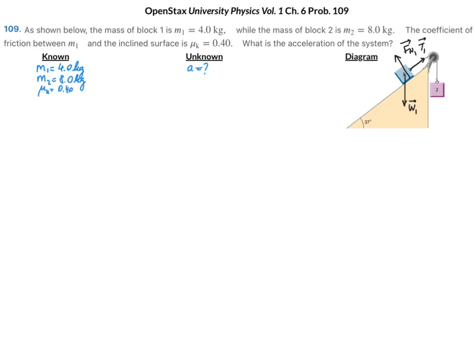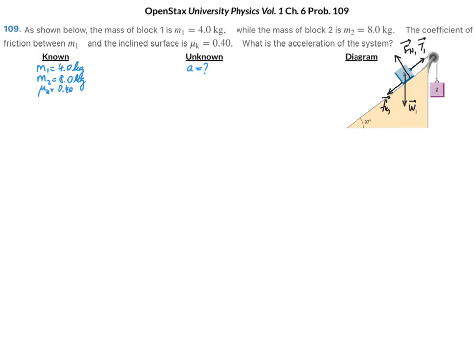We are also told that there is friction in the system, and if the system is going to move in this direction, so the block is going to move up and block 2 is going to move down, then the friction opposes the motion, so the friction force is going to go down the plane. So I'm going to draw my friction force in this direction.